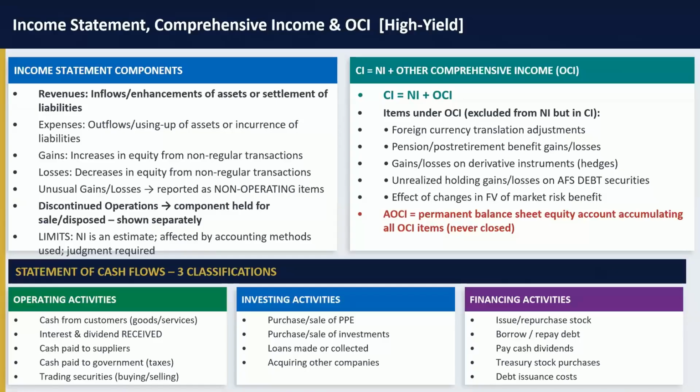So two things you need to remember are foreign currency remeasurement adjustments and trading securities adjustments. Both of them are part of the income statement, not other comprehensive income.